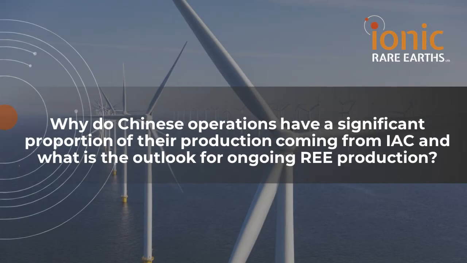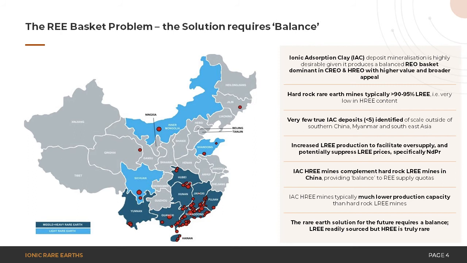So the Chinese utilise the ionic adsorption clays as the predominant source of the heavy rare earths that they require for their industry. They achieve a balance in the overall elemental rare earth production by using production sources, both hard rock and ionic adsorption clays. And it's through that balance that they're able to achieve a rare earth production suite that meets the requirements for their industry.